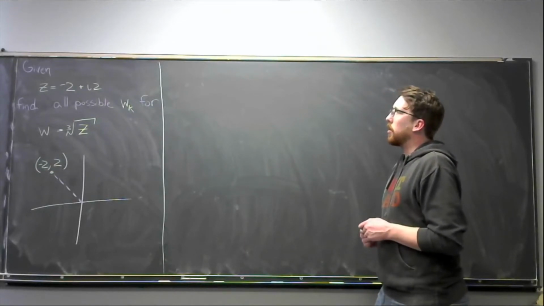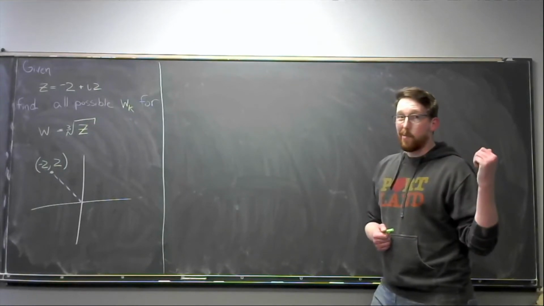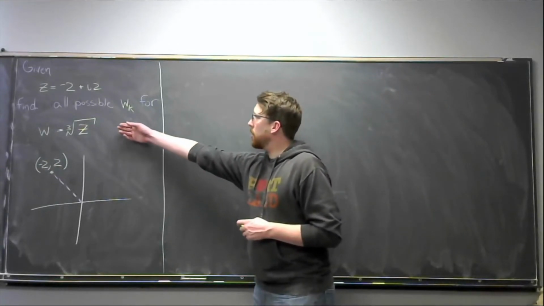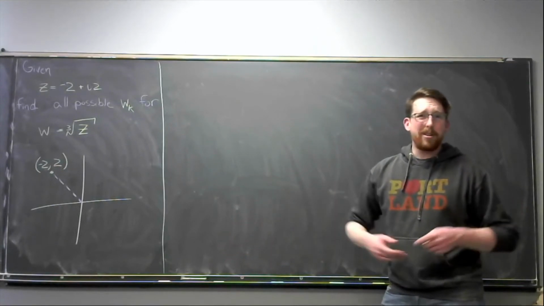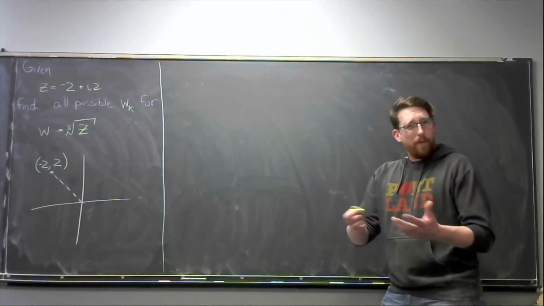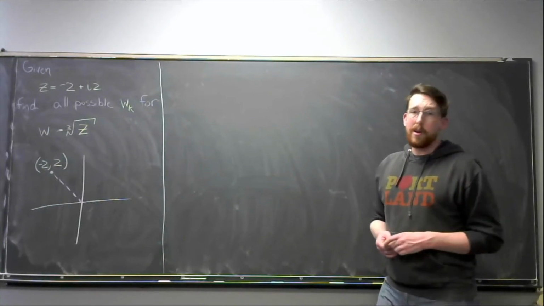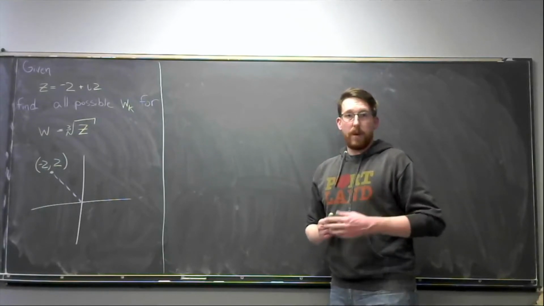Okay, so what we know, based on what I had written on the board just a second ago, is that the solution to this question was explained to us in trigonometric form, right? That formula was in trigonometric form. So let's go ahead and write out our complex number in trigonometric form.